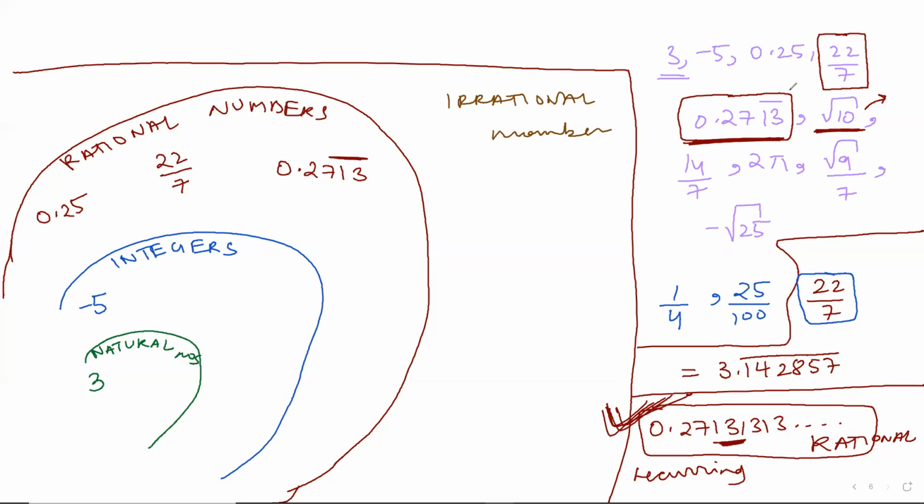What about you, Zoya? Ma'am, irrational. Veer? Yes, ma'am. What about root 10? Is it rational or irrational? I think it's irrational. All right. So all of you are agreeing that it is irrational. Okay. So root 10 is irrational.